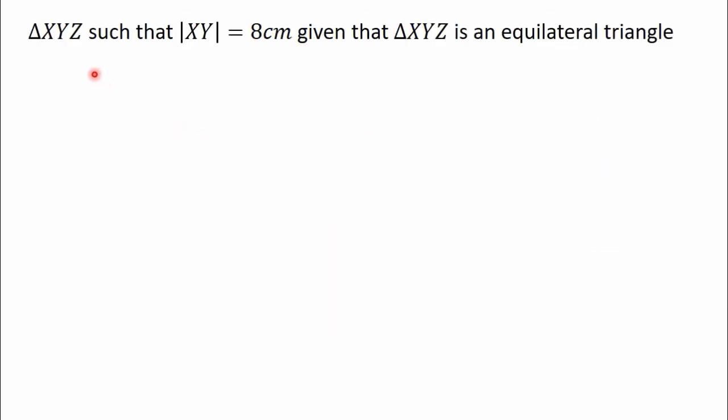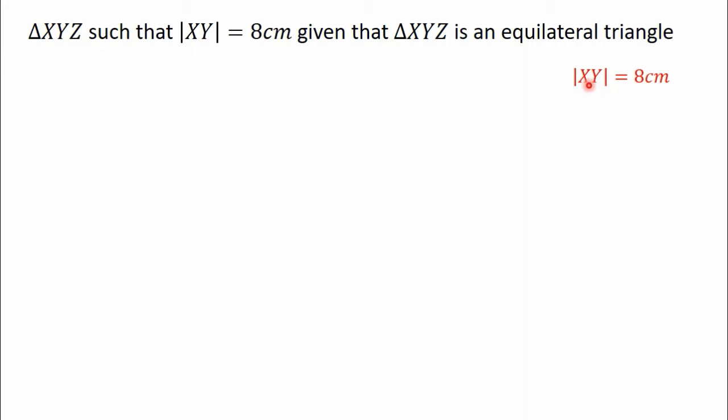So we are going to construct the triangle XYZ, and we have been given the length of the side XY to be 8 centimeters. We also know that the triangle XYZ is an equilateral triangle. So the length of the side XY is 8 centimeters. From the previous slide, we saw that for an equilateral triangle, the length of all the sides are the same.